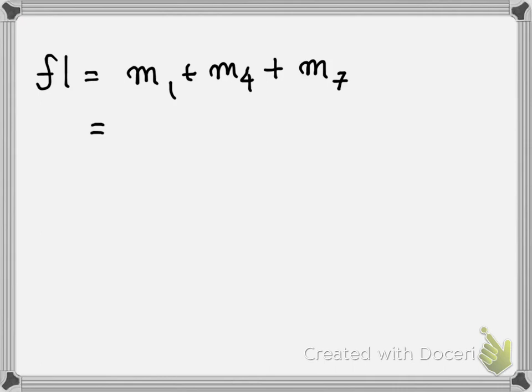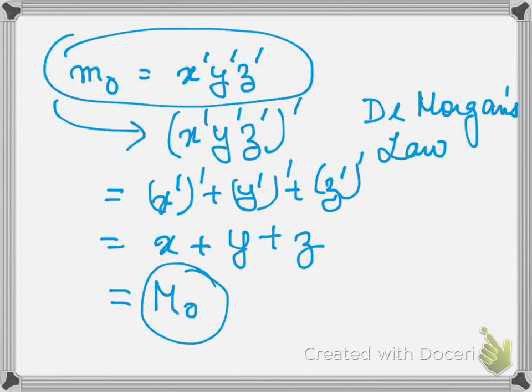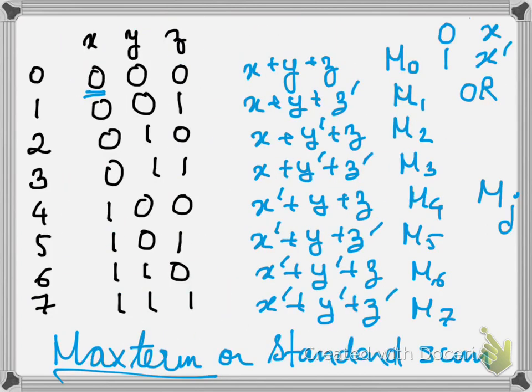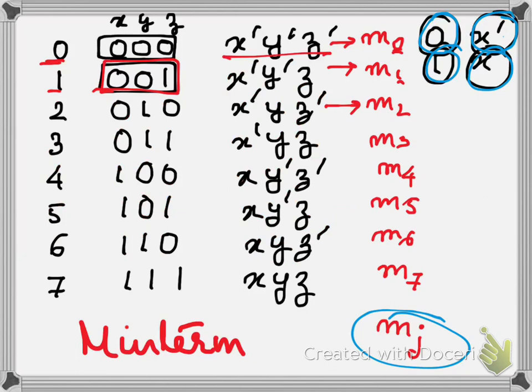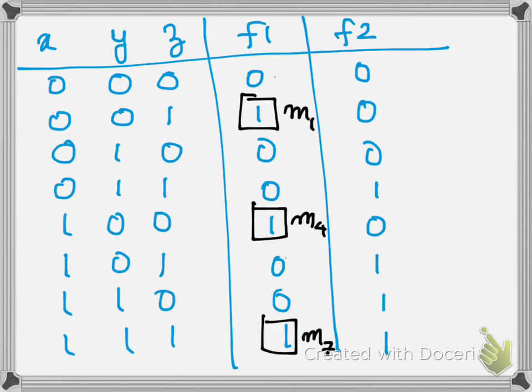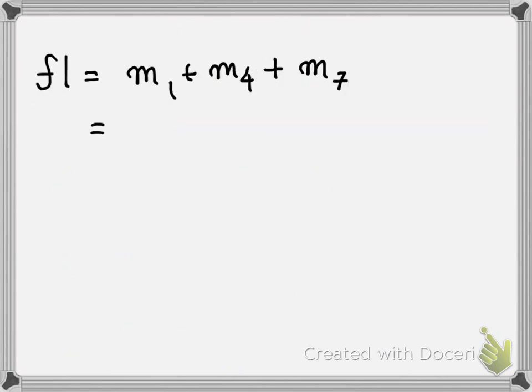I can expand these mean terms. What is M1? Small m1 is x dash y dash z. You can see it from here also. So x dash y dash z plus, what is M4?